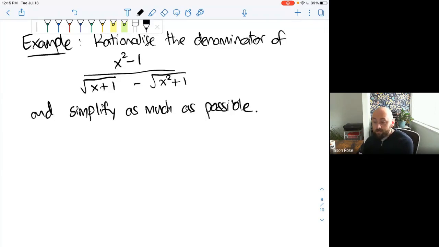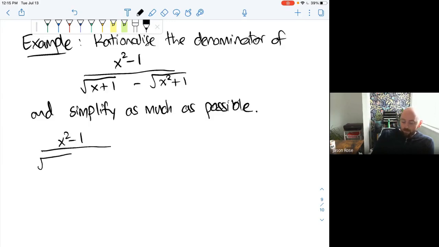Okay, so: rationalize the denominator and simplify as much as possible. Here we're going to take our x squared minus 1 divided by root x plus 1 minus root x squared plus 1. And to rationalize the denominator, we multiply on top and on bottom by the conjugate of the denominator. As we just discussed, to multiply by the conjugate, you have to change the middle sign and multiply top and bottom.